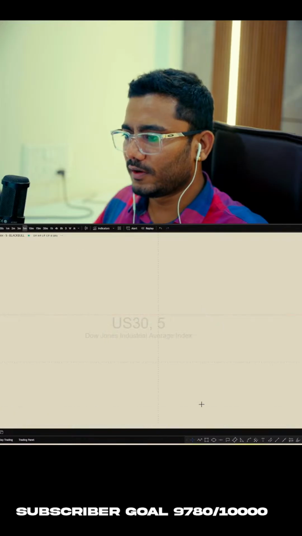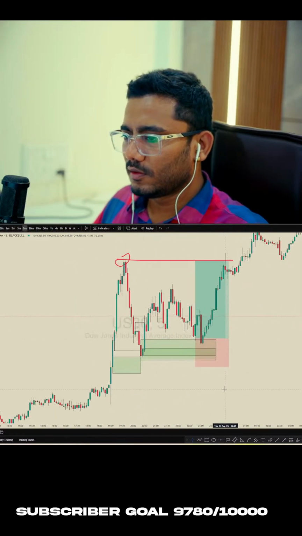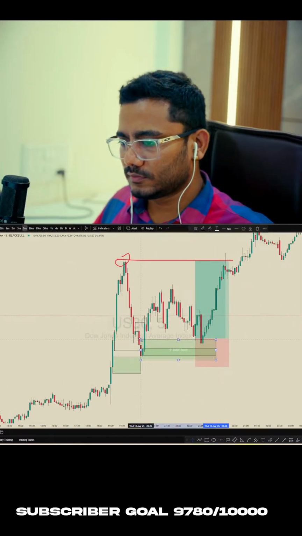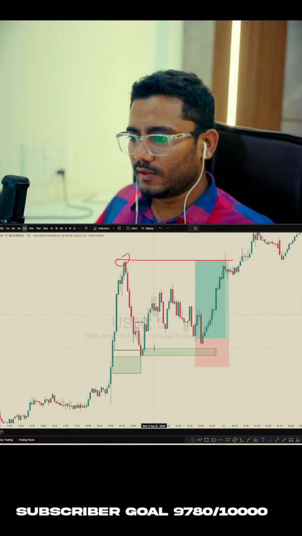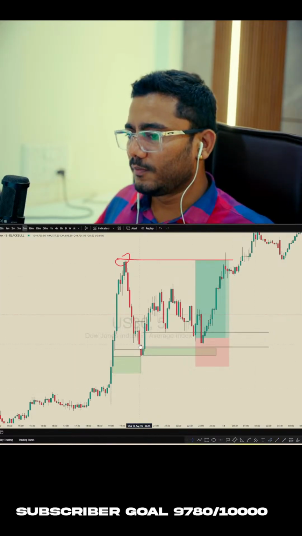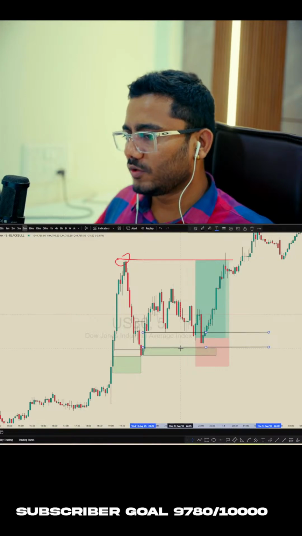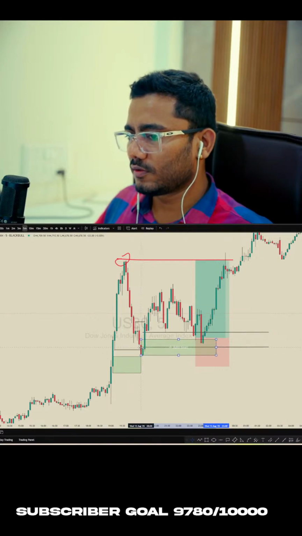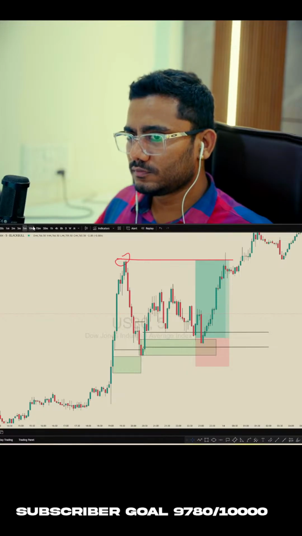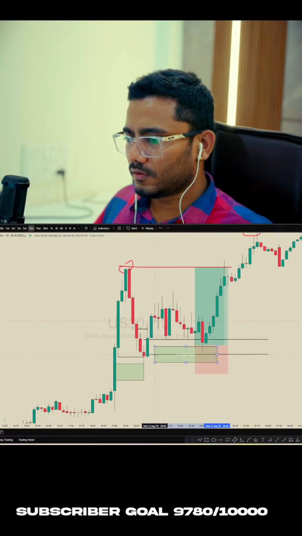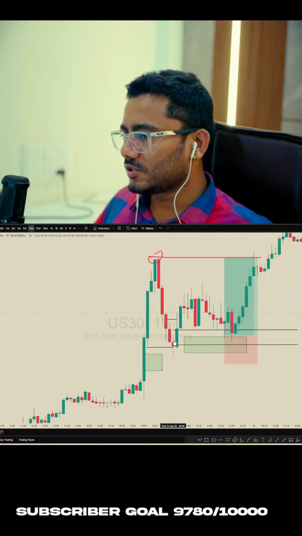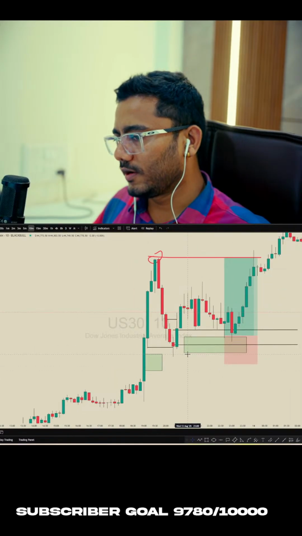If you look at the 5 minutes, a lot of people will think that price reacted based on this imbalance and that price never tapped our order block. But actually, this is our order block and not this one, because the last wick should be to the left side, not to the right side.